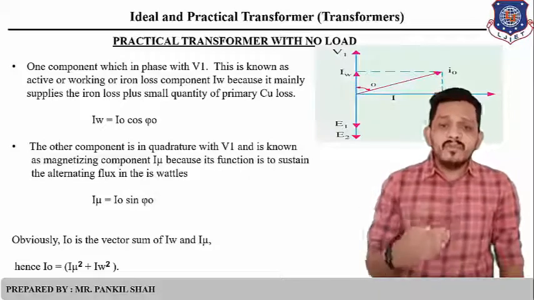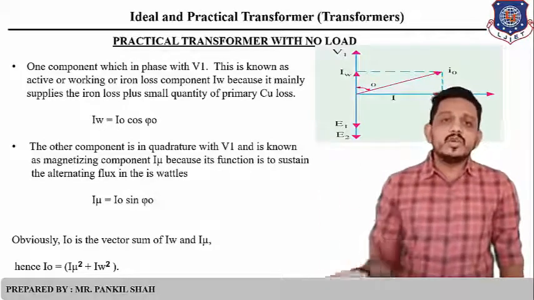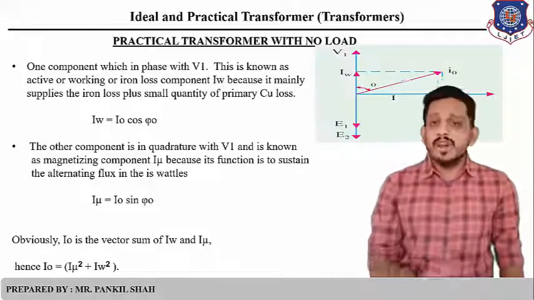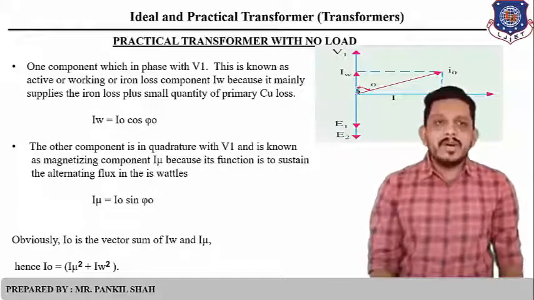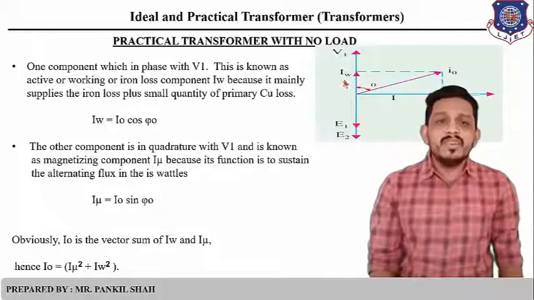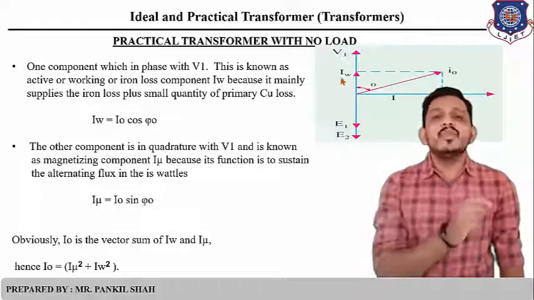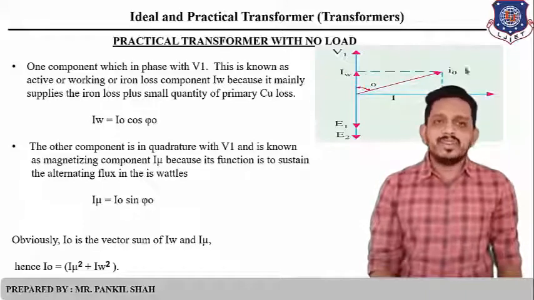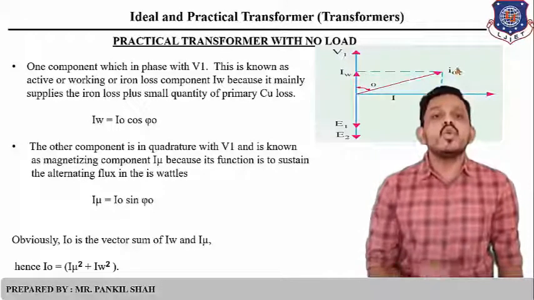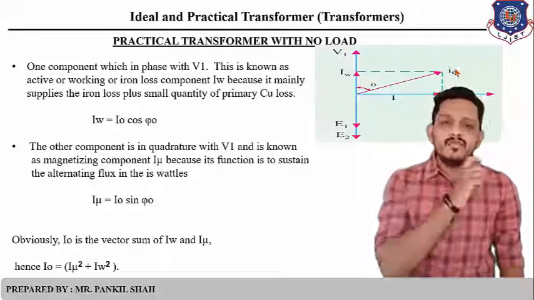To fulfill those losses, current should be taken from the supply. So now our current is not only the magnetizing current, but it has another component which is known as the IW component. There will be two components of current, and if we join these two components, then you get the no load current of the practical transformer.